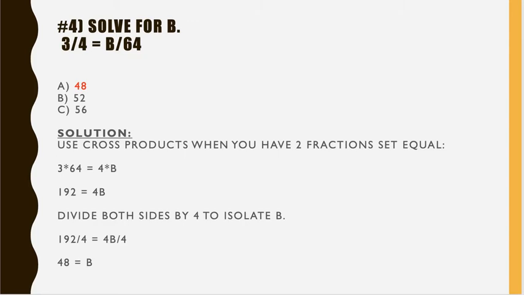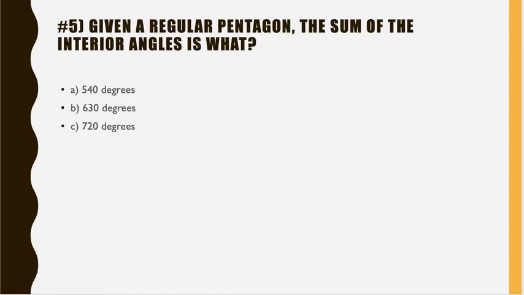And remember, you can use cross products or cross multiplication whenever you have two fractions set equal to one another. So on the left side we get 192, and on the right side we get 4b. 192 equals 4b, and to solve for b I'm going to divide both sides by 4. So 192 divided by 4 gives me 48. So b equals 48.